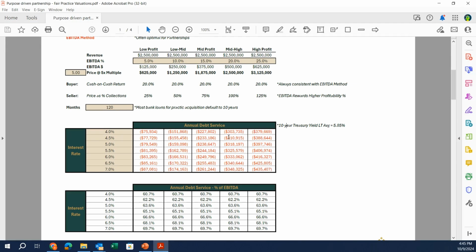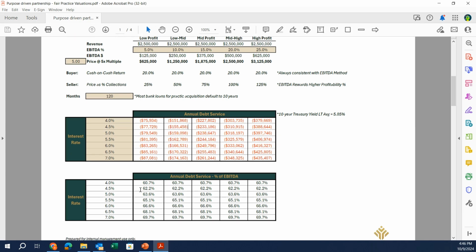So what we're looking at is how the EBITDA, so whether it's 125 or 625 that you're buying, is split between debt service and cash flow. Here are the actual numbers, and then here are the percentages. So when using an EBITDA-based method, the percentage of EBITDA that is dedicated towards debt service is always between 60 and 70%.